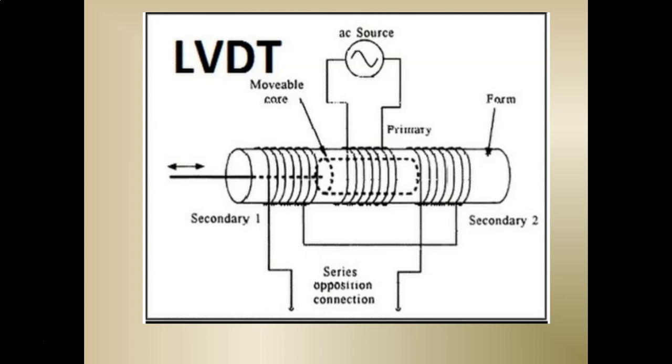The secondary windings are connected in such a way that the output voltage will be the difference of the voltage in secondary winding 1 and the voltage in secondary winding 2, that is E0 equal to E1 minus E2.